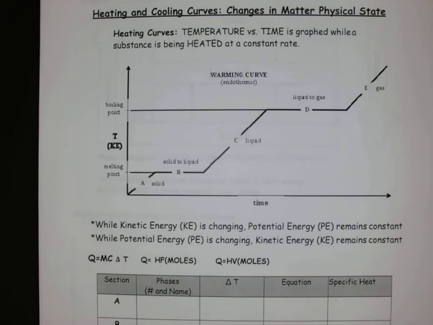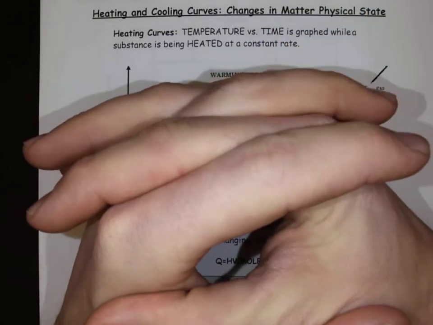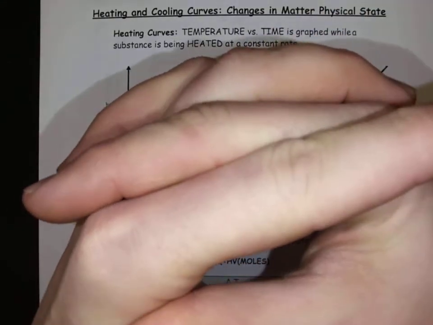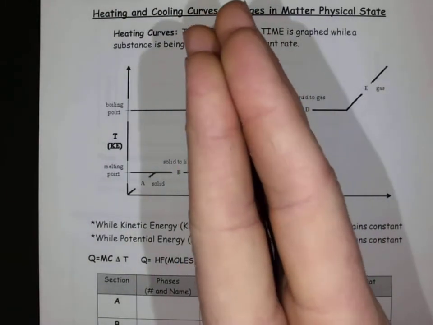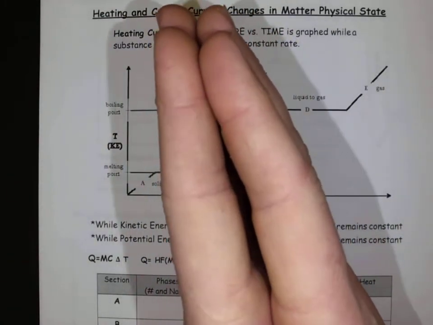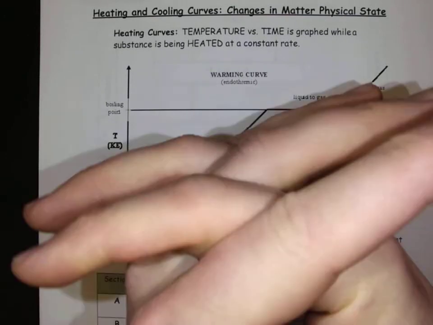If we think back to our particles, as a solid, those particles are really close together, held together, they can only vibrate. So to go to a liquid, we have to separate them a little bit and partially break those intermolecular forces. They're still pretty close, they're still touching, but they're not as tightly held as before.